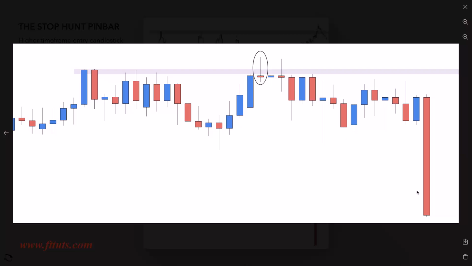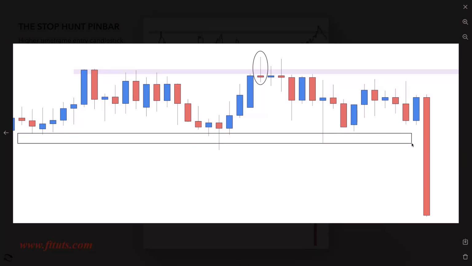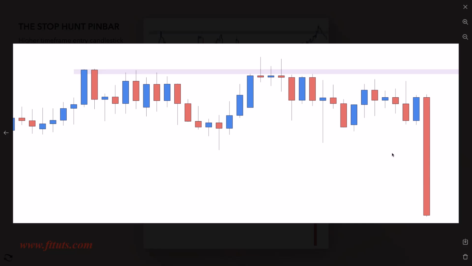You get a nice short trade opportunity where you want to try and take at least profits down at potentially the range low, which it ended up hitting here, and maybe if you did want to shoot for extended targets based on some fundamental analysis, then we can see pretty much what happened.